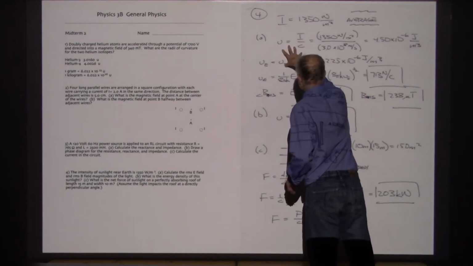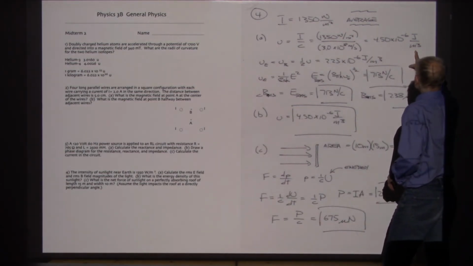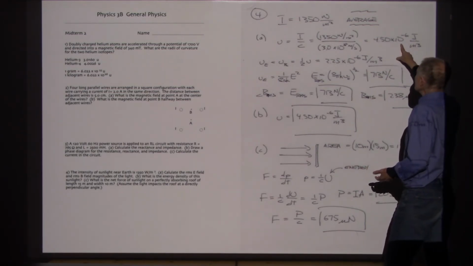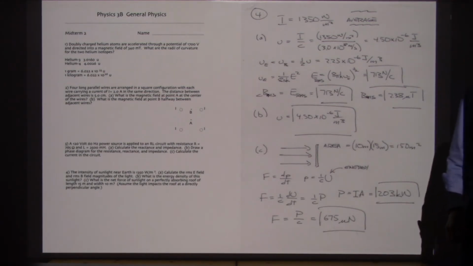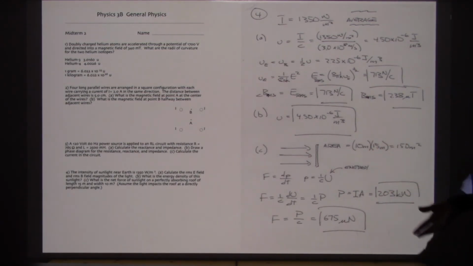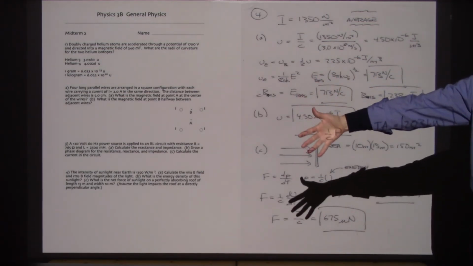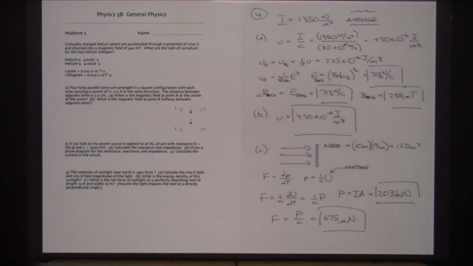The energy density, the amount of energy in sunlight reaching Earth in a cubic meter, is only 4.5 millionths of a joule per cubic meter. So, if somebody asks you, how much energy is there in a cubic meter of sunlight? A cubic meter of sunlight has 4.5 millionths of a joule.